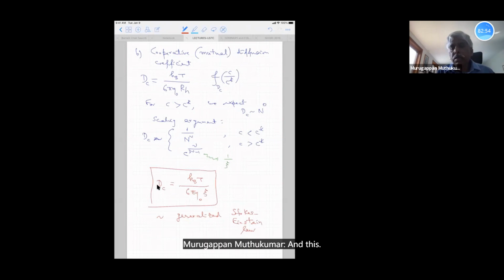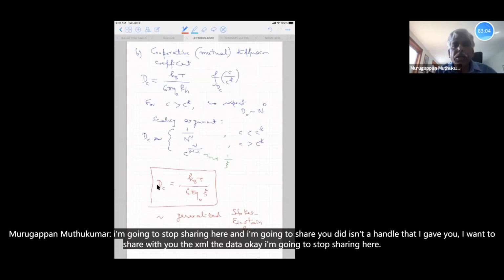And now this is seen. So I'm going to share with you, this is in the handout that I gave you. I want to share with you the experimental data.